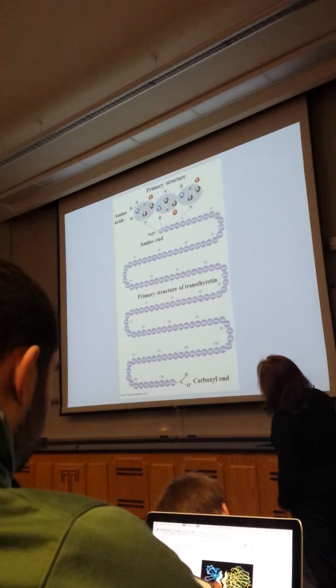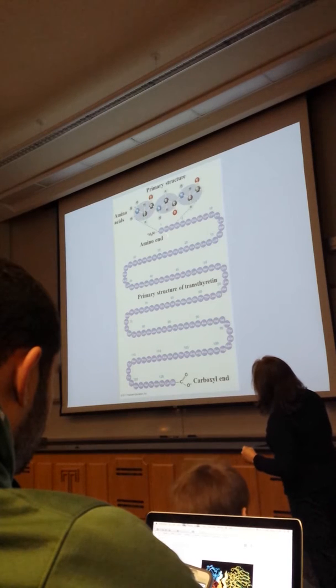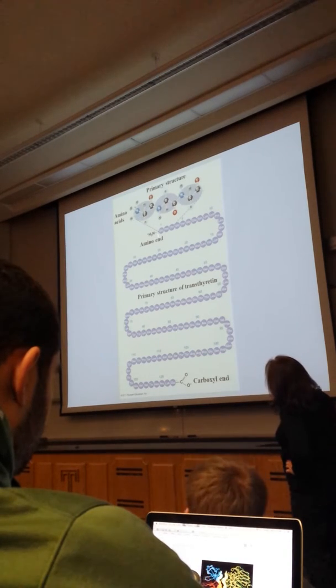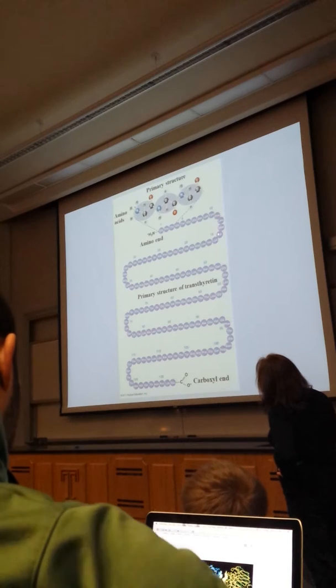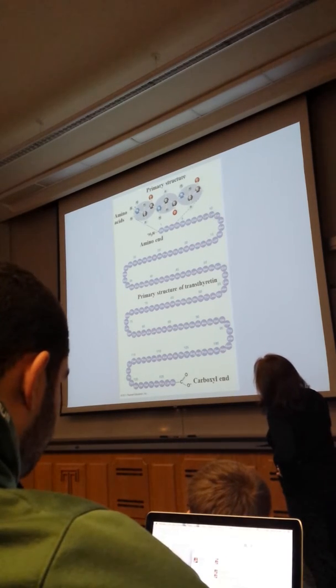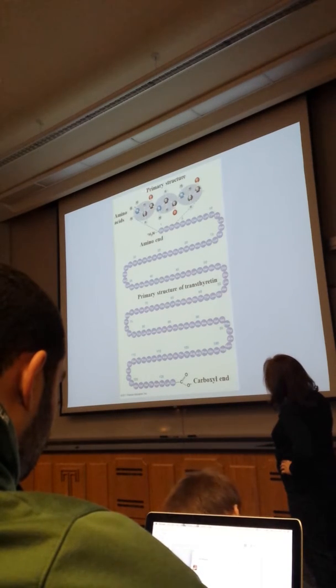It has an amino terminus and a carboxy terminus, and again, that's established by virtue of the way that the peptide bonds form between the component amino acids. So the amino acid sequence of a protein is actually the primary structure.